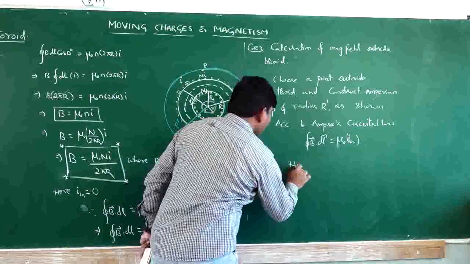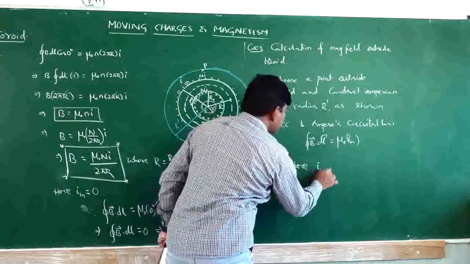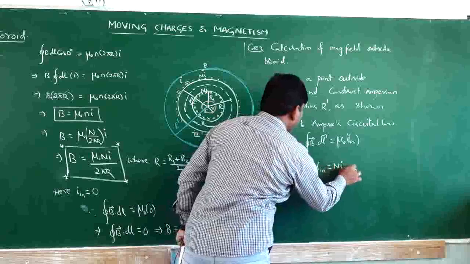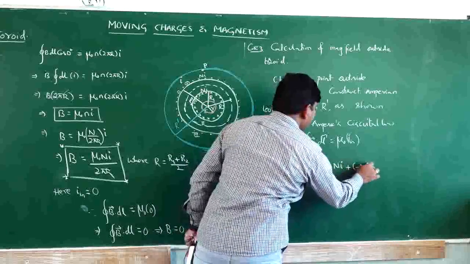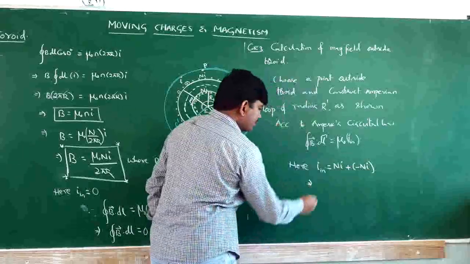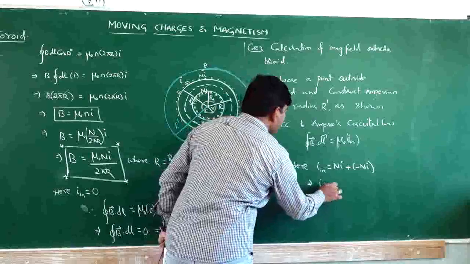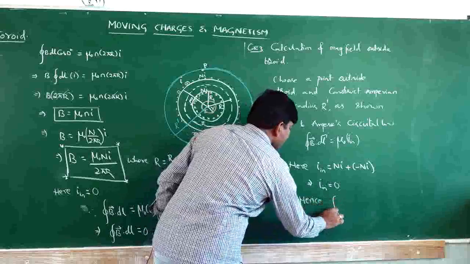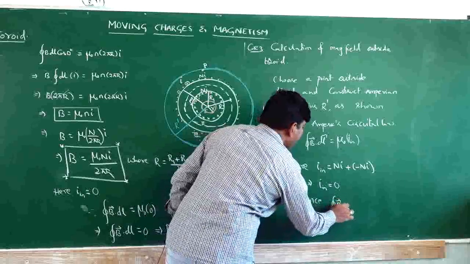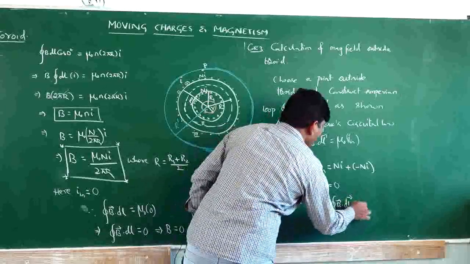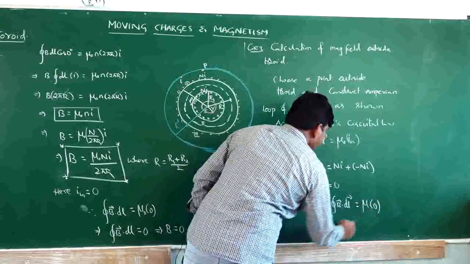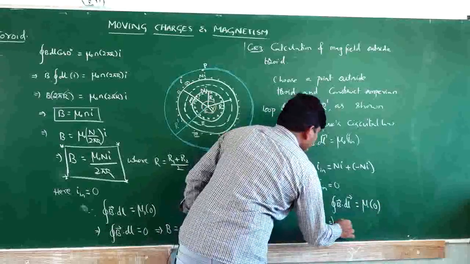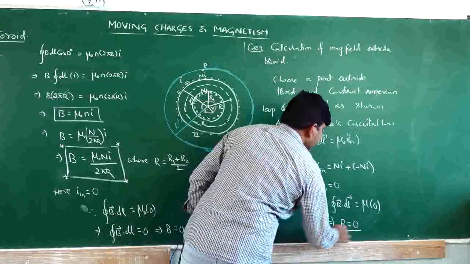Here I inside is equal to N I plus minus N I, where N is the number of turns. Therefore, I inside is equal to 0. Hence, the closed line integral of magnetic field is equal to mu naught into 0. This implies, just like in the first case, B is equal to 0.